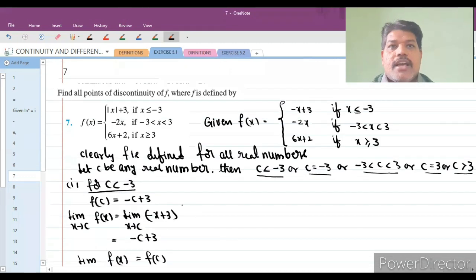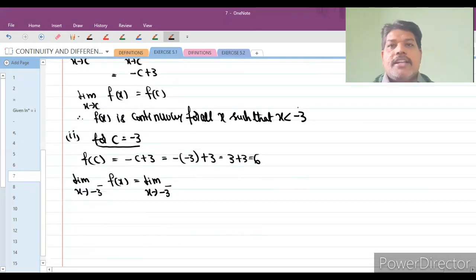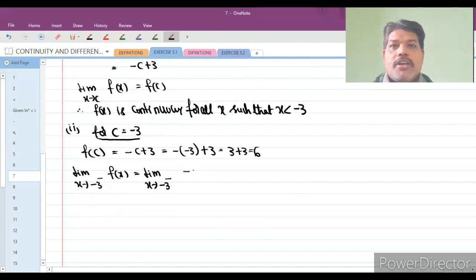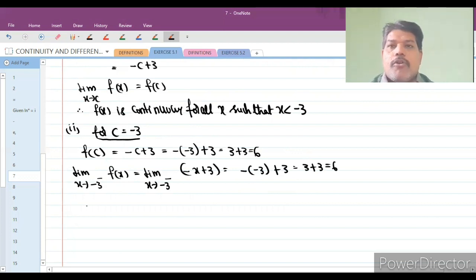In that case x value is less than -3, which means f(x) will become -x + 3. So replace the limit here, students: minus of x value, which is -3, plus 3. Minus of minus becomes plus, so 3 + 3 becomes 6 only. It is the left hand limit.